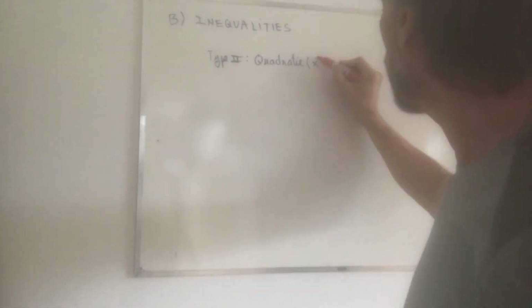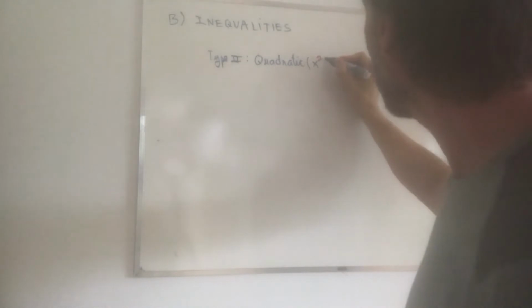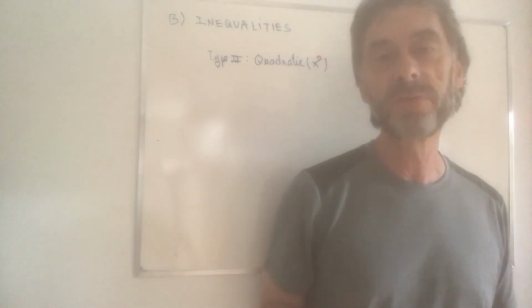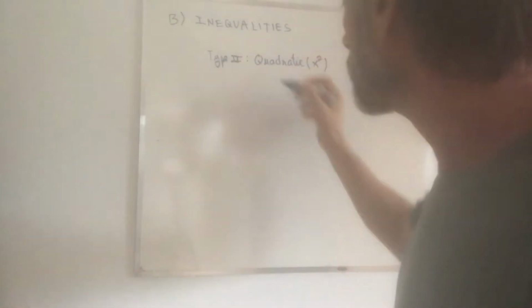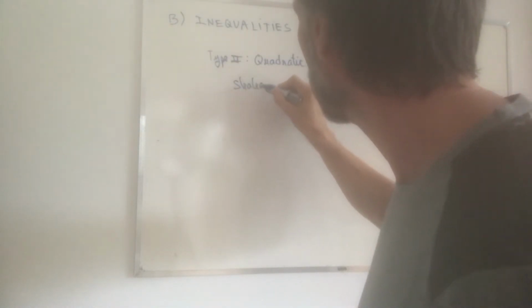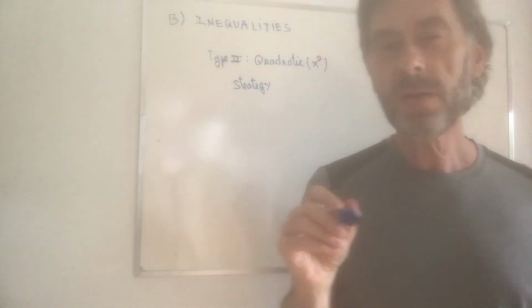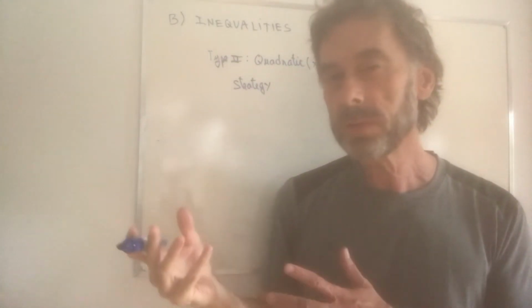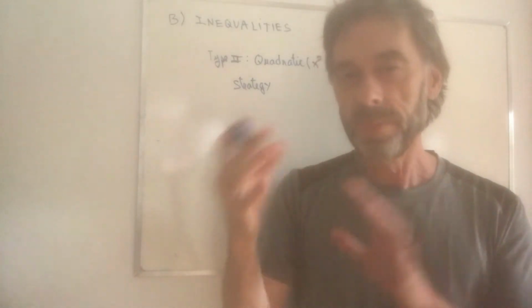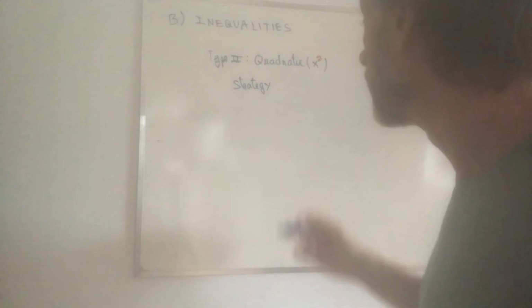It means x to the power of 2. So we're going to have here an inequality that will involve an x squared. The strategy is very similar to the one that we had for equality. Remember how we solved something x squared equal to something? What did we do? We made it equal to 0 and we tried to factor. So it's going to be the same approach here.